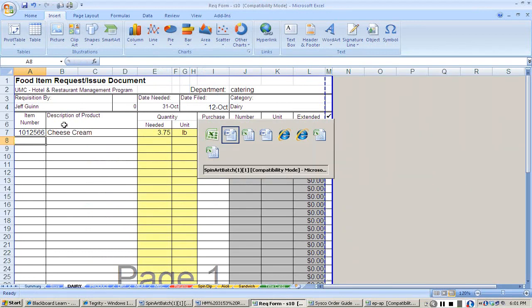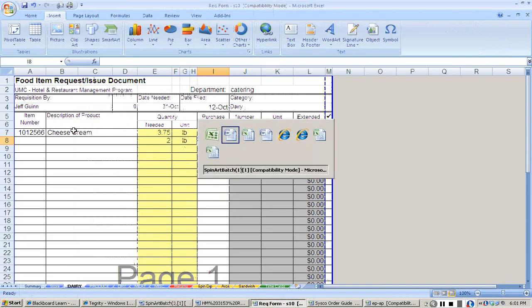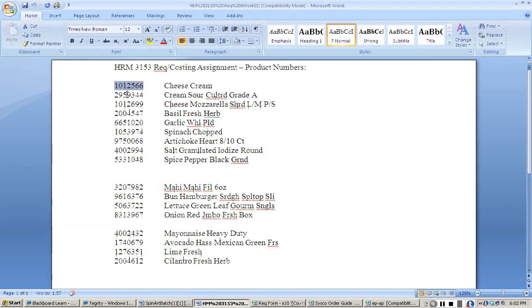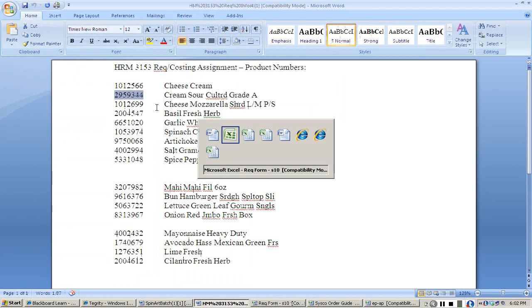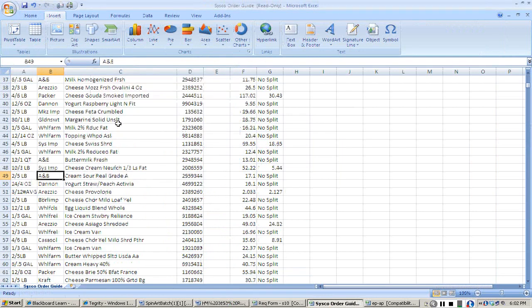Next up I have sour cream, 2 pounds. And that is this number. Copy that, Control C, go into my order guide, Control F, Control V. It's going to find it right there.